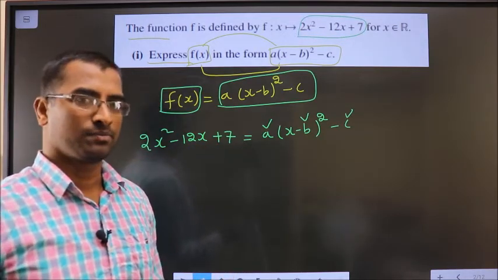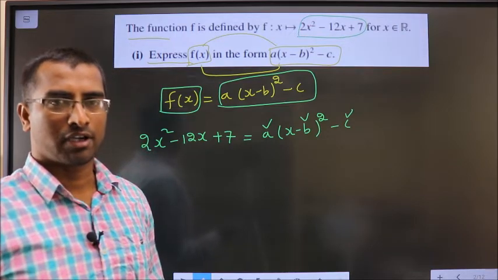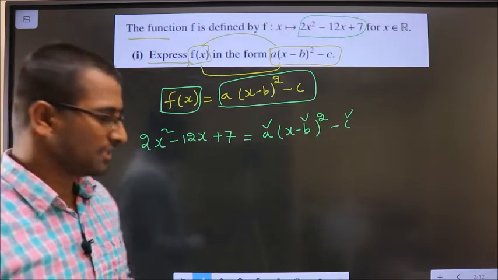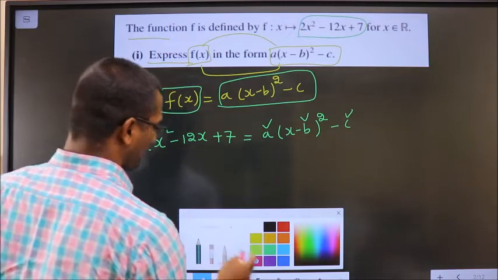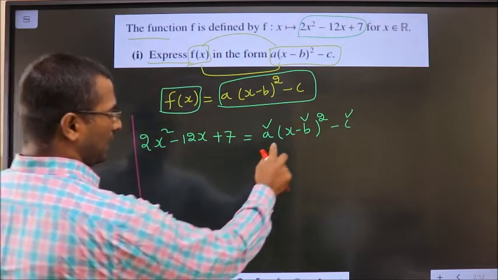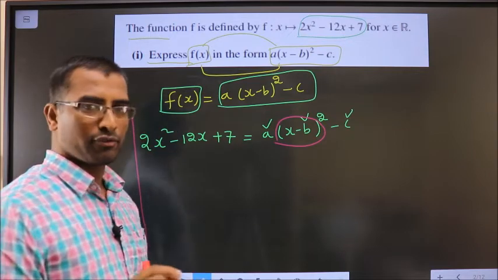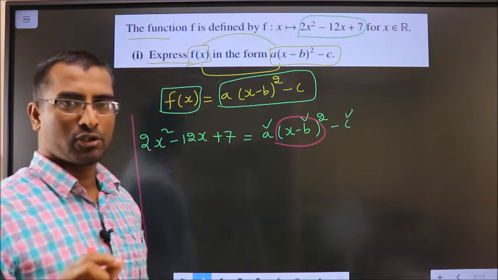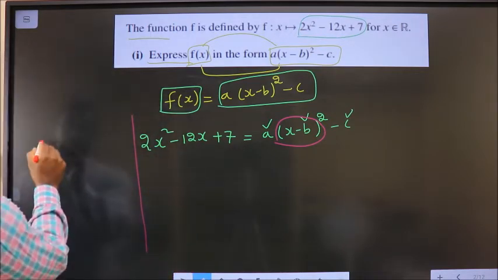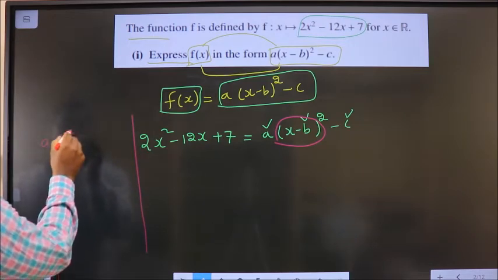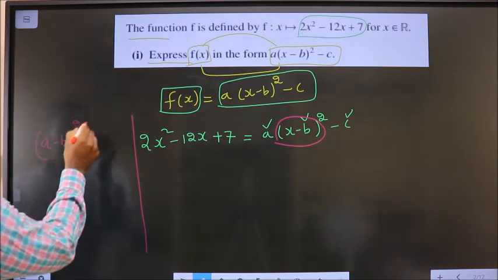Okay. Now, how do I find the values of the constants a, b and c? See here. First, I need to expand this bracket by using the formula (a minus b) whole square. So what is (a minus b) whole square?